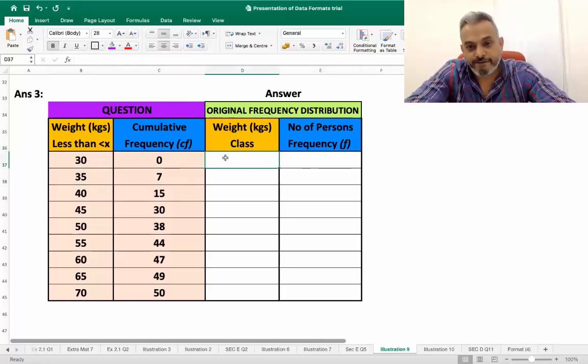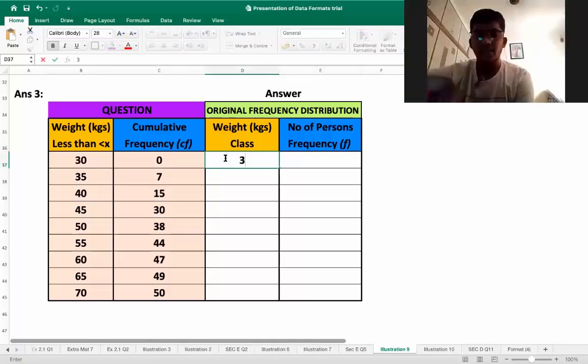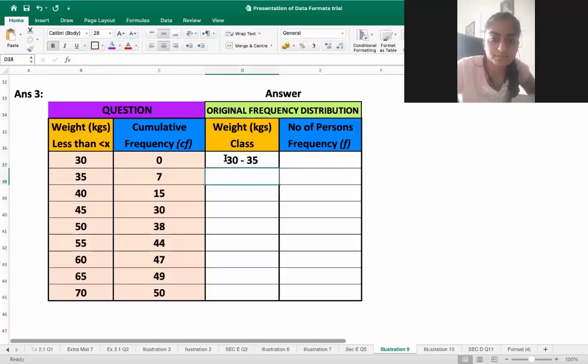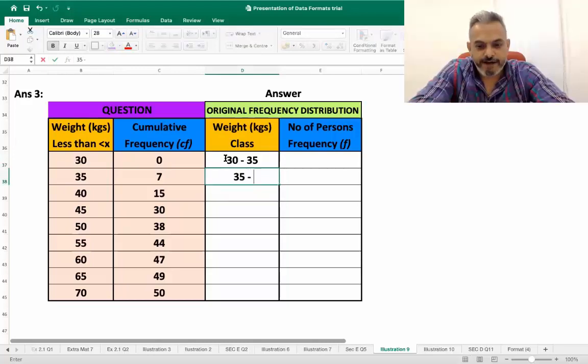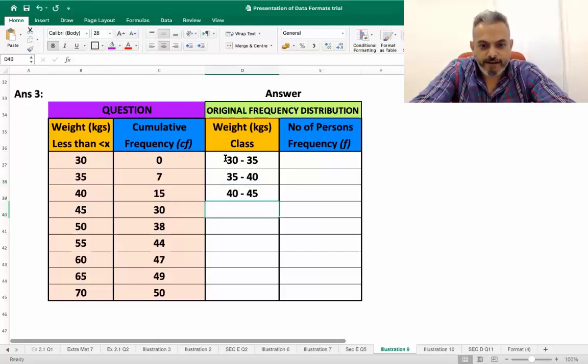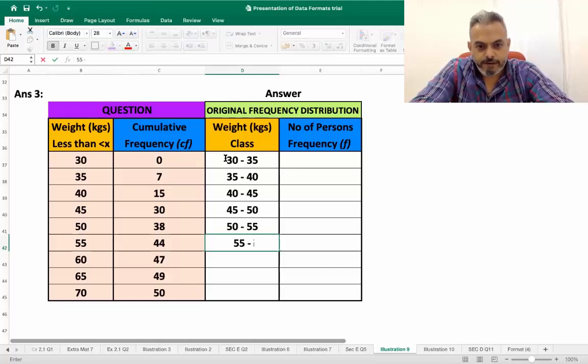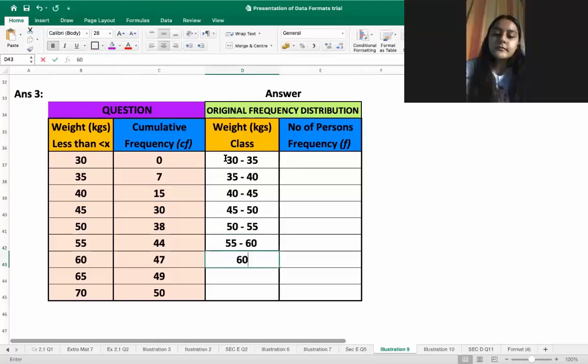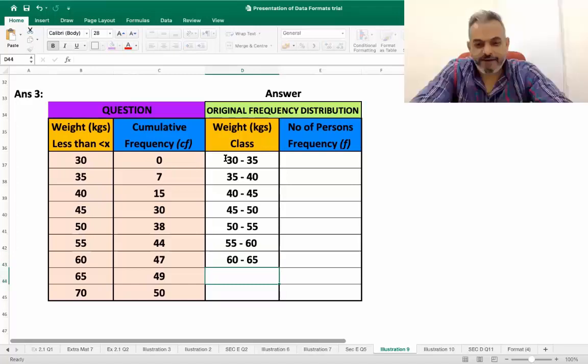So what will be the first class? 30 to 35. Very good. So start writing. Then 35 to 40, 40 to 45, 45 to 50, 50 to 55, 55 to 60, 60 to 65, 65 to 70.